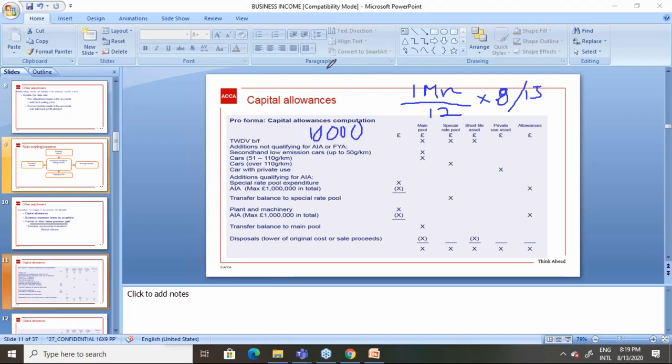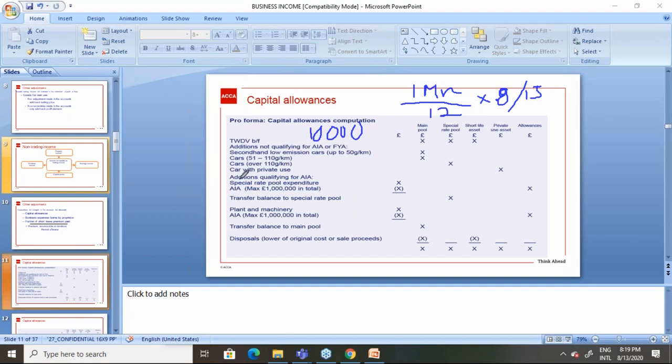Okay. And then if you take a situation like this, so you have claimed annual investment allowance on energy saving plant and machinery, you can claim first year allowance. What about the other plant and machinery on which you cannot claim AIA or FIA?